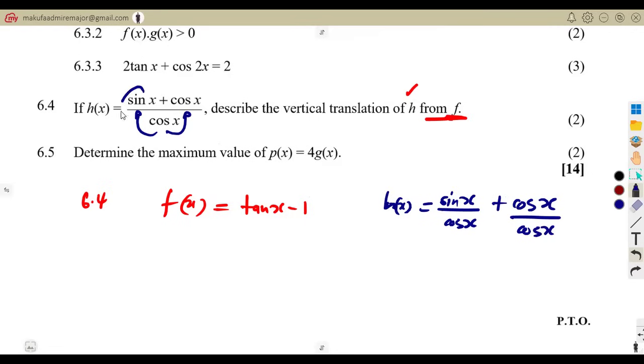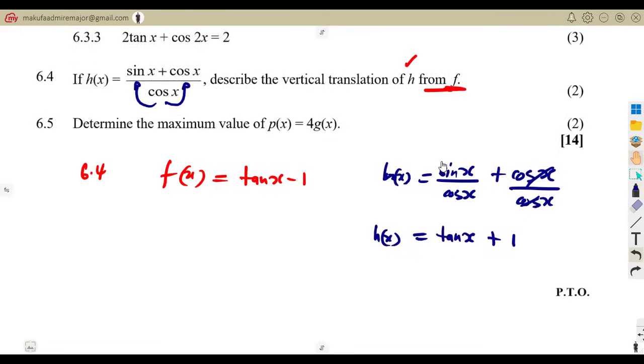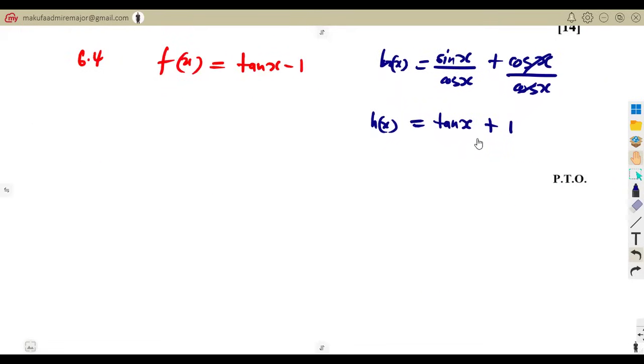You can separate each, sine over cos, cos over cos, where we know that sine over cos is what? It's a tan. So that's tan x plus 1. This one and this one are going to cancel. So our h(x), in a simplified manner, is tan x plus 1.